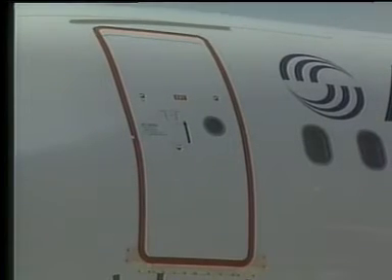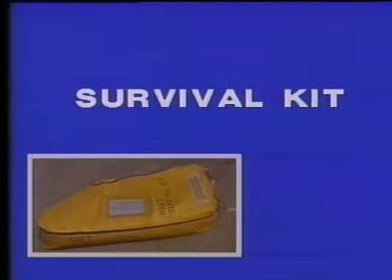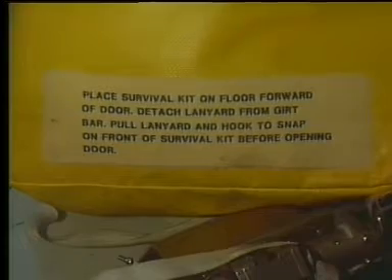In case of a ditching, prior to door opening, the survival kit must be connected to the slide raft. The survival kit is stored in the nearest overhead bin. Place the survival kit on the floor forward of the door, and detach the lanyard from the girt bar.